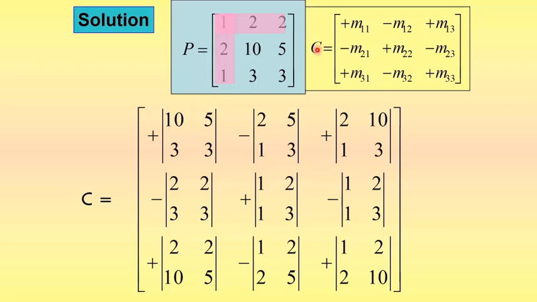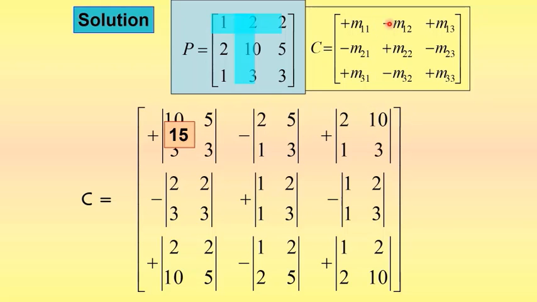So signage positive due to this one, and then in order to get the determinant AD minus BC, we have 15.